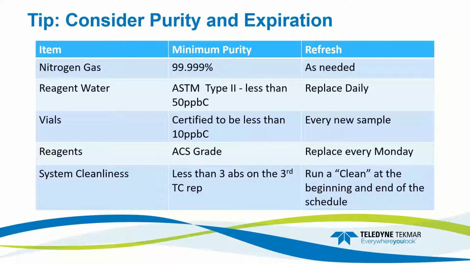Those should be replaced according to your SOP, but sometimes we suggest replacing them at the start of every week. And then system cleanliness. On the last total carbon rep of our system clean, we want to be less than 3 ABSs to ensure the system is going to work properly at those low levels.